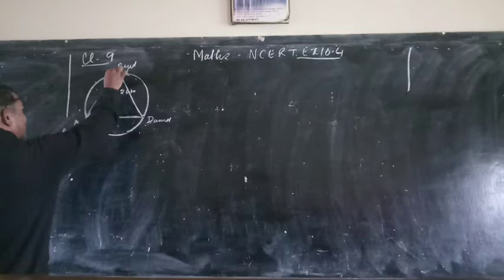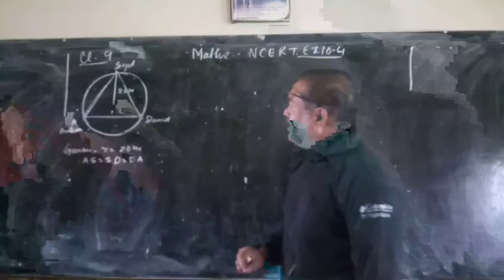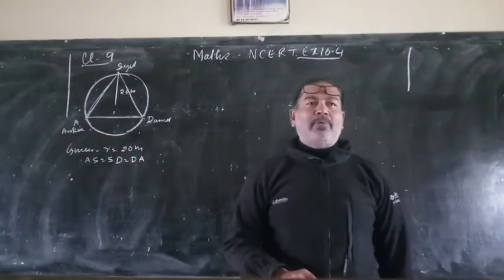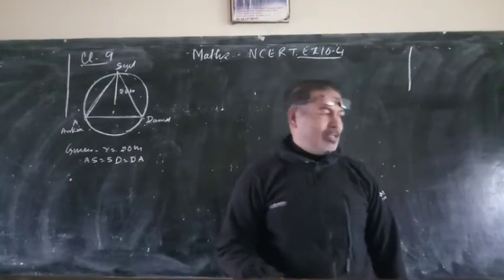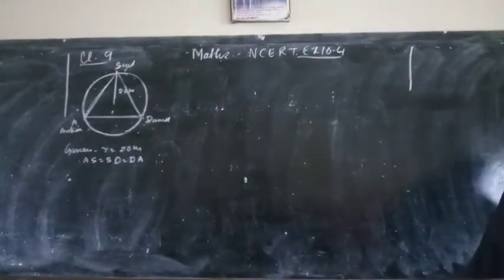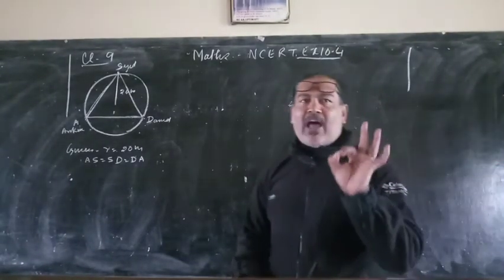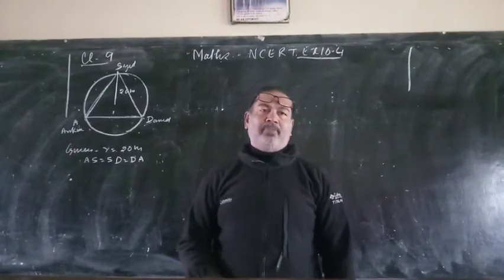We are also given AS is equal to SD is equal to DA, because it is mentioned that the 3 friends are sitting at equal distances, which means this ASD is which type of triangle? Equilateral triangle. This information is the key fact to solve the question.